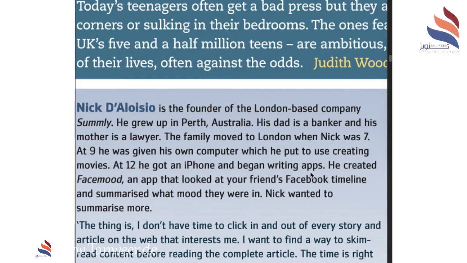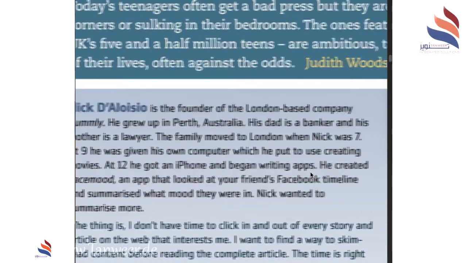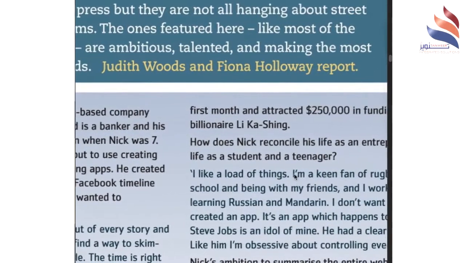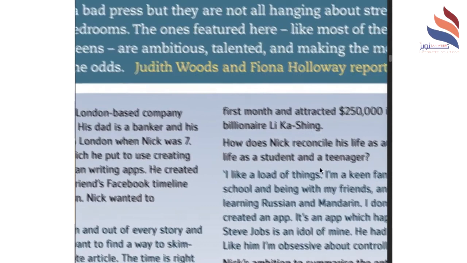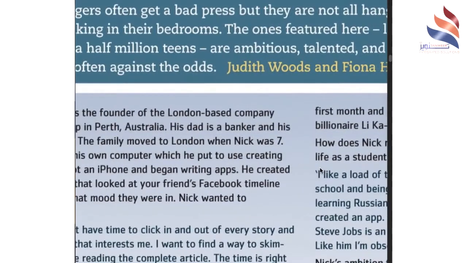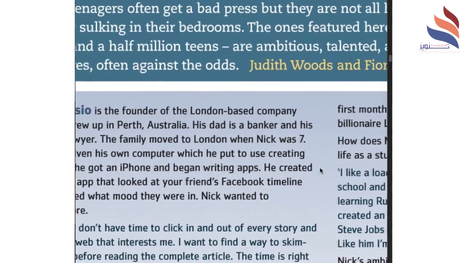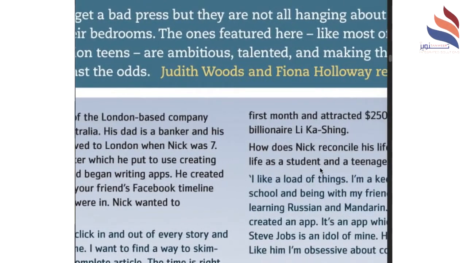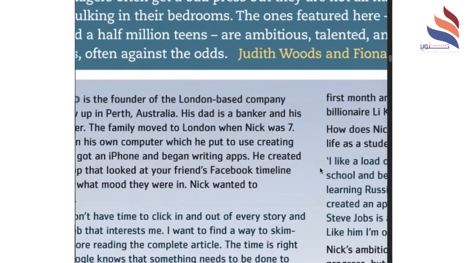First we are going to read only the first part. For today I'm only going to read the introduction and the first person. You don't have to listen to me reading, you can do that at home, but I'm going to tell you how to do the skimming and the scanning.